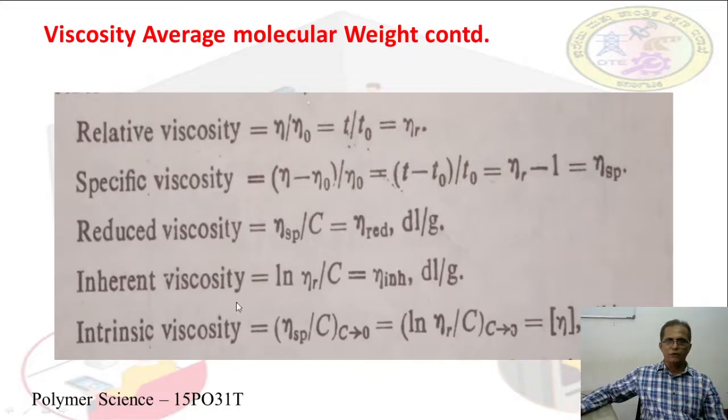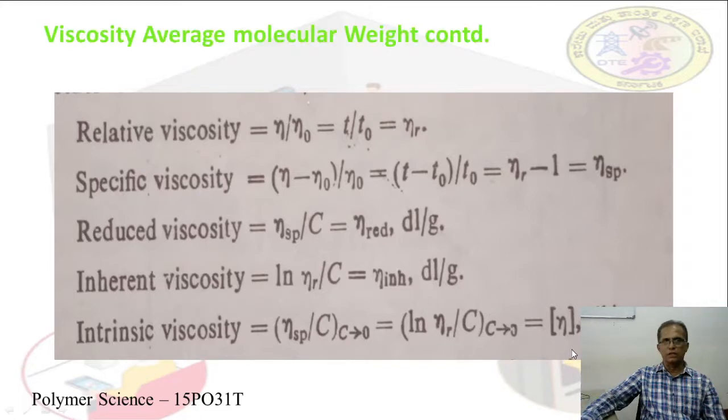This is ln of eta R divided by C, that is equal to eta INH. Eta INH stands for inherent viscosity. Next, we have to compute intrinsic viscosity, that is equal to eta specific by concentration when C tends to 0. That is also equal to ln eta R divided by C when C tends to 0, that is called intrinsic viscosity.